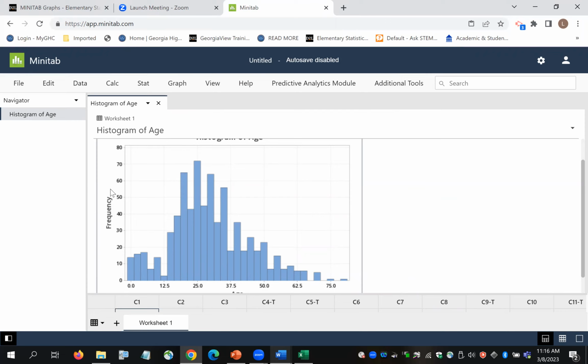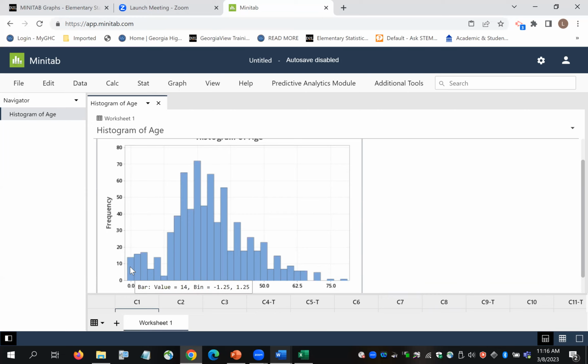I didn't show you this earlier, so if you'll pay attention here for a minute. If you're in Minitab, your graph is somewhat interactive. If I scroll over and put my mouse on the first bar, it tells me that first bar really represents the ages from -1.25 to +1.25. Now, guys, you know that people cannot be negative ages.